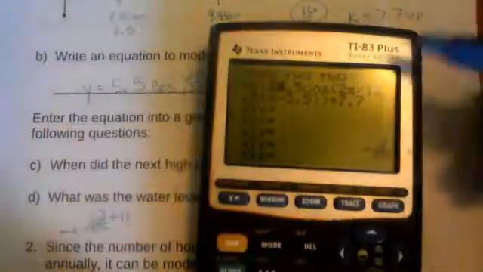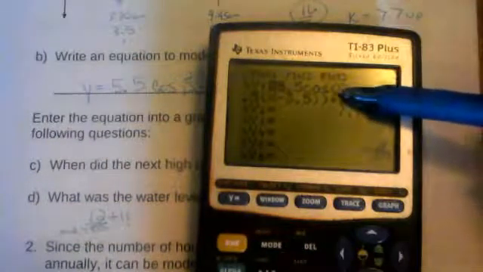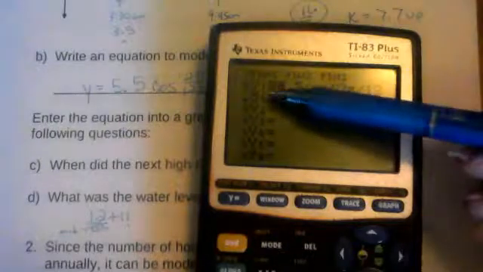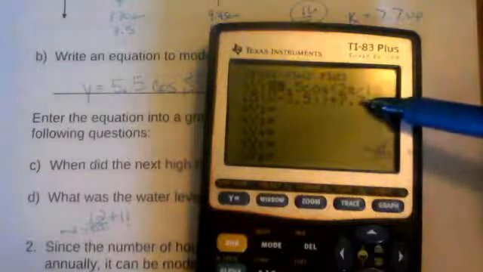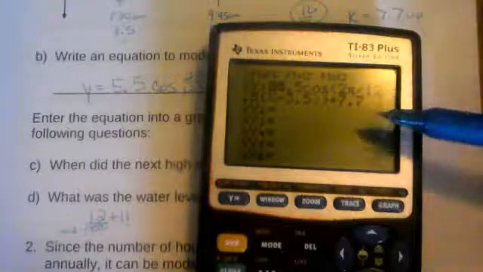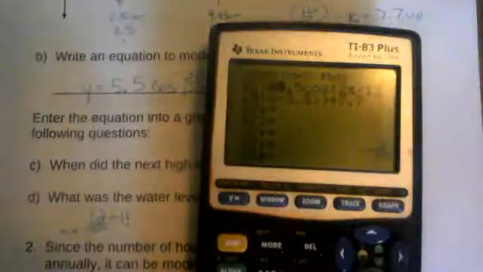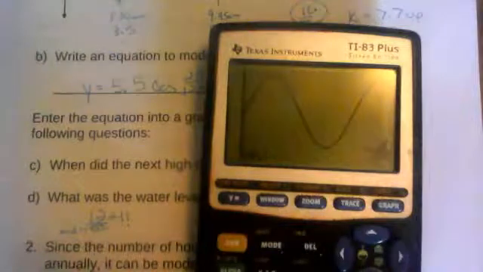So what I was saying in an earlier lesson, when it opens the parentheses, go ahead and put your B value, but then put an extra set of parentheses for your left-right shift and close them both out before you place your up-down shift at the end. So here's our equation. It's asking us about what's going on at 11 p.m., or when x is 23. So we're going to second calculate the value when x is 23.